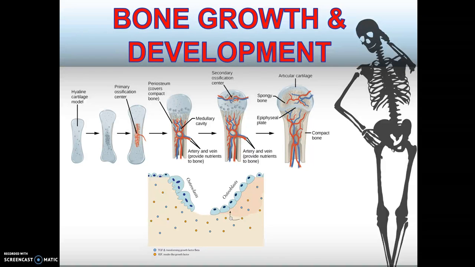Bone remodeling and repair. Bone renewal continues after birth and until adulthood. Bone remodeling is the replacement of old bone tissue by new bone tissue. Normal bone growth requires vitamins D, C and A, as well as minerals like calcium, phosphorus and magnesium.